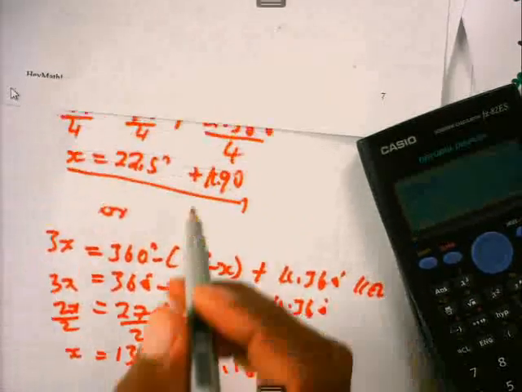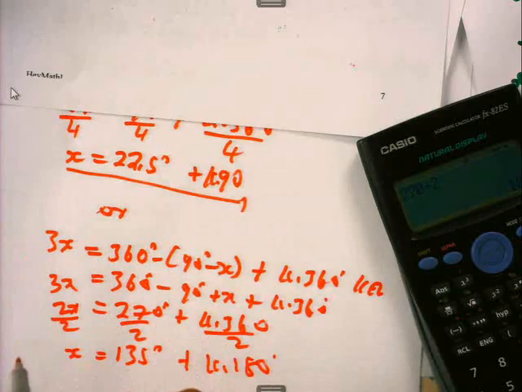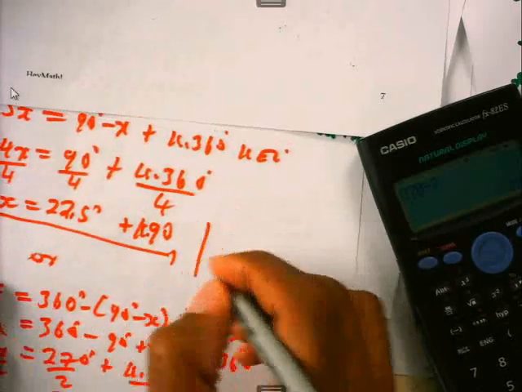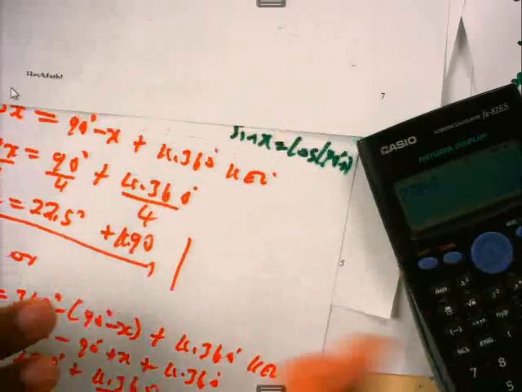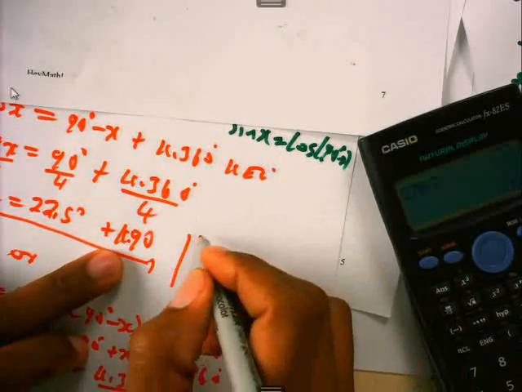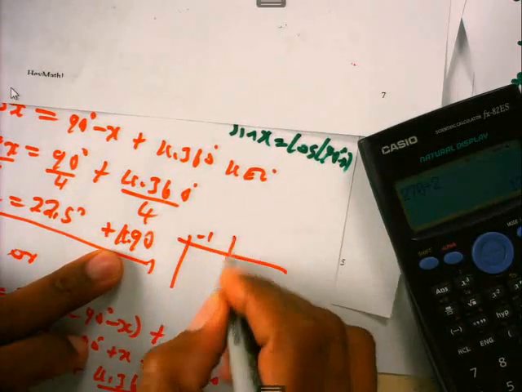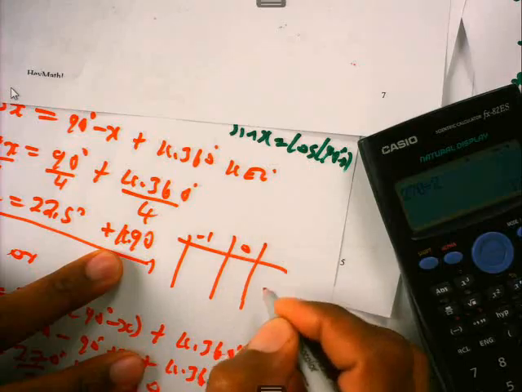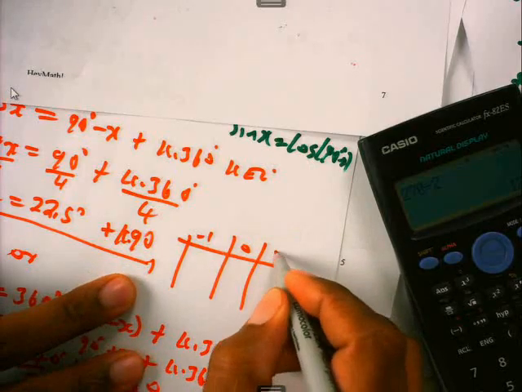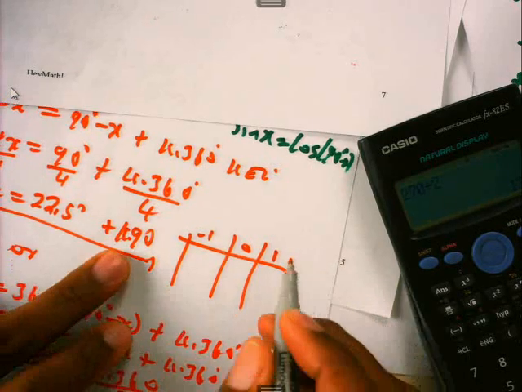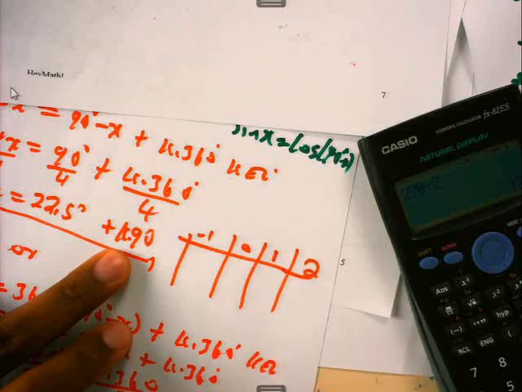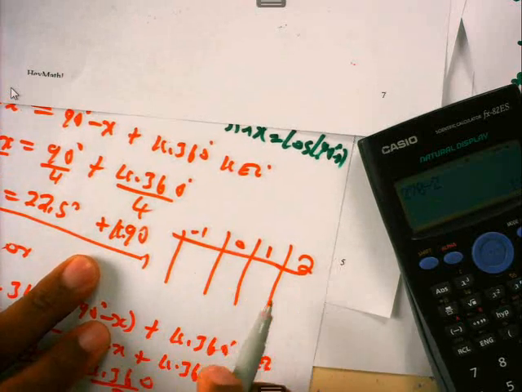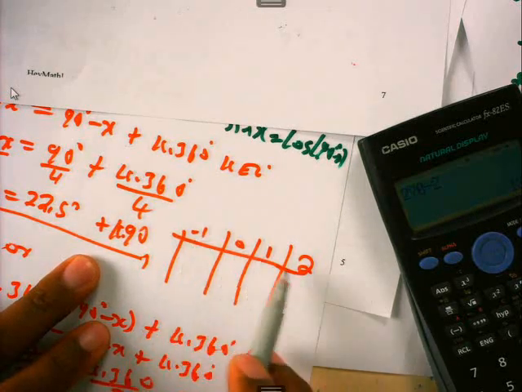How do we get that? Because we have k times 90, let us substitute k with -1, 0, 1, and also 2. Now, why are you choosing these numbers, -1, 0, 1, and 2?